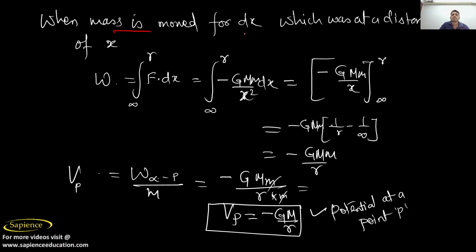When a mass at a distance of x is moved by dx, the work done will be W equal to the integration of F dot dx, because there is a small displacement, and our target is to move an object from infinity to r distance. Now, as we know, the force is equal to minus G M m by x square.